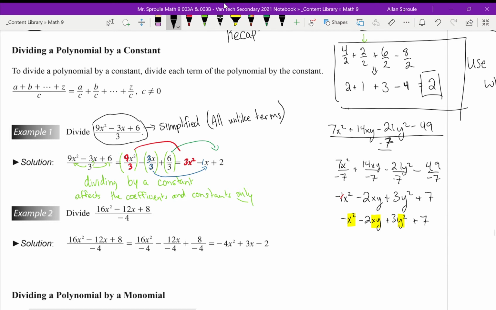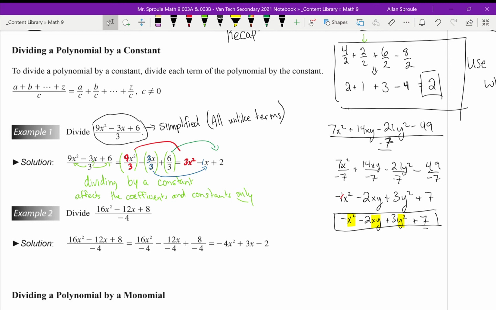I'm starting with my highest value of x, and then I switch to my xy's, and then I go to my highest power of y, and then I keep going down. So there's no degree 1, there's just a degree 0 with my constant. So this is my final answer written math grammar properly. So grammatically, in terms of our math language, this is the proper way of saying it.